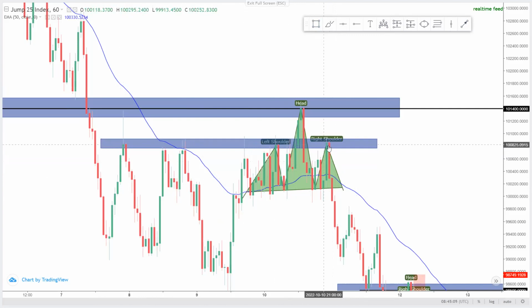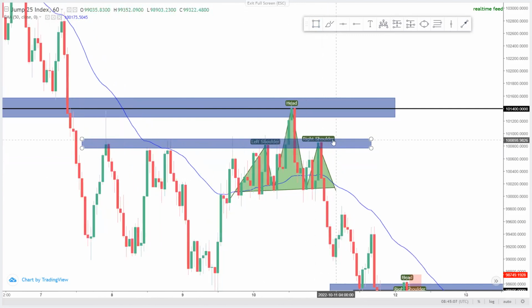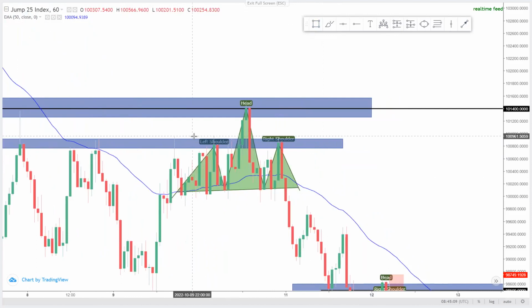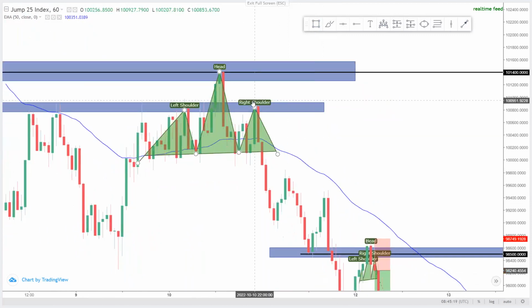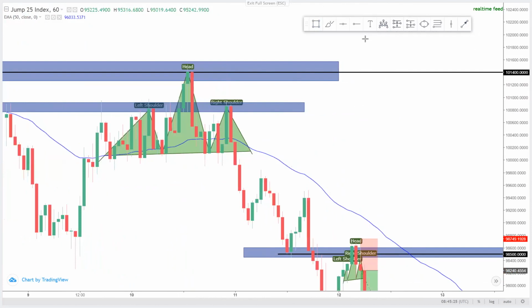Again, we're seeing the right shoulder coming to that level also. Both shoulders being equal, and we're seeing the right shoulder reject the level. So here we have a perfect head and shoulder pattern. And our sell entry signal was the bearish candlestick that formed right off that level.